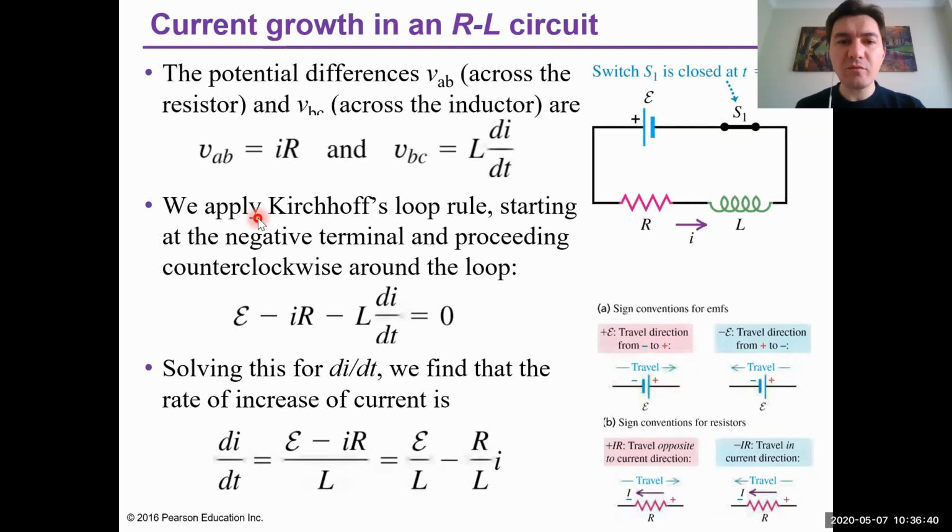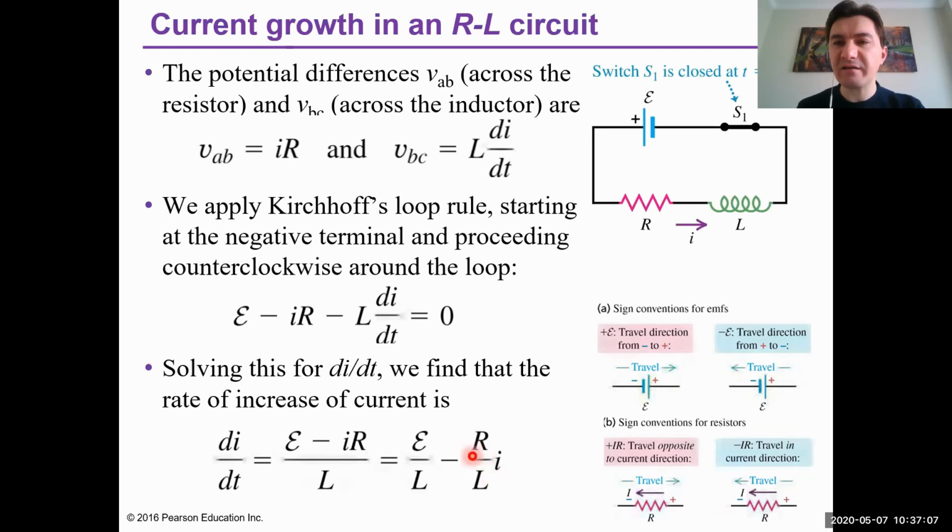So now I would like to solve for di over dt from that equation. What is di over dt? If I take it from that expression, I will get this one: EMF over L, the inductance, minus resistance over inductance times the current in the circuit. So what do you see here?